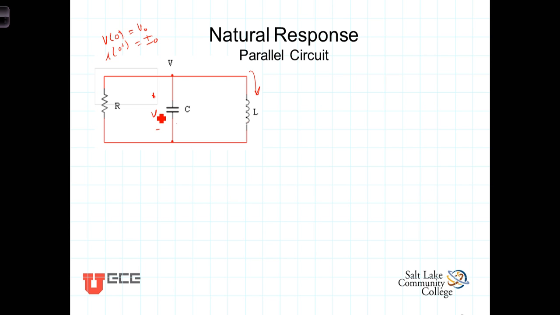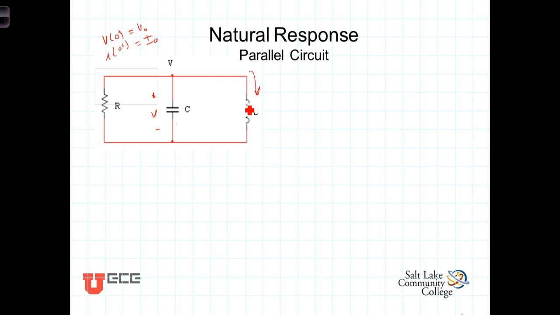So there's some initial quantity, V0 and I0 at t equals 0, then the energy in those devices is allowed to dissipate. The purpose of our analysis is to describe the way that that energy dissipates by solving for either the voltage across the parallel or the current through the inductor.